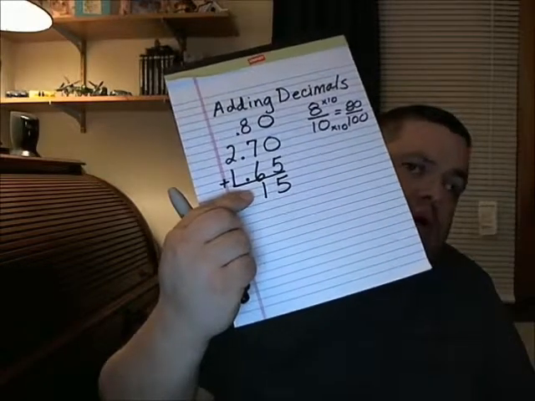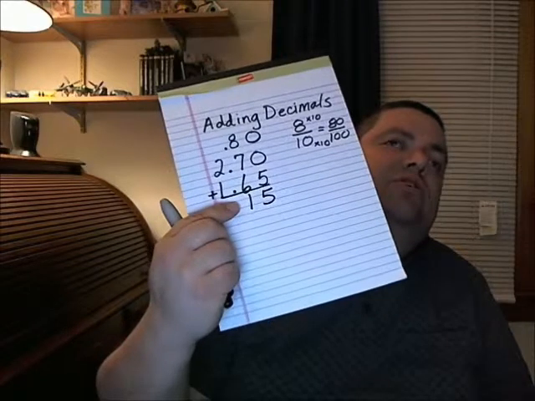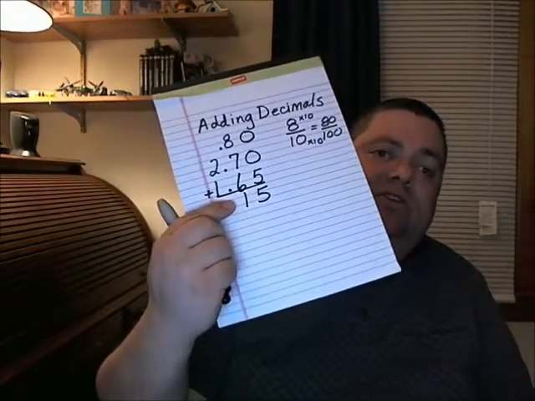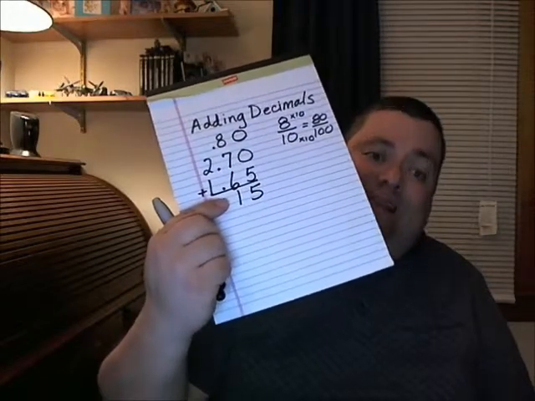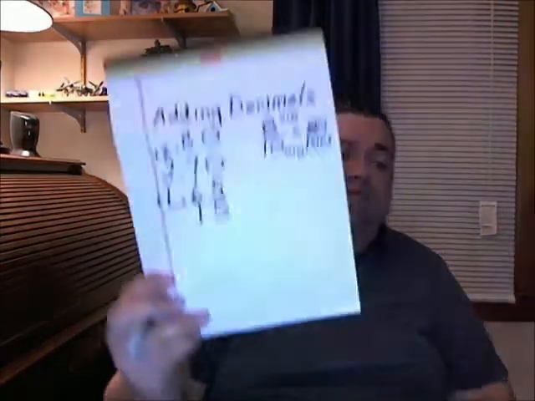It was the smaller number in that 21, not because it was a 1, but because of where it was located. In the number 21, it was in the 1's place, and the 2 was in the 10's. The 10's is always going to get carried. So the 1 stays behind, and just like we learned in 1st and 2nd grade, we carry over to the next set of digits to the left, the higher place value. In this case, though, it does skip over the decimal, and that's perfectly fine.